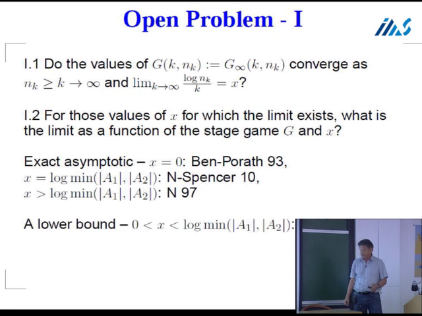And what happens in between is not clear. There is some lower bound, some function of x that could be described as the lower bound of this limit, for this region between those two extremes for which we know the answer.